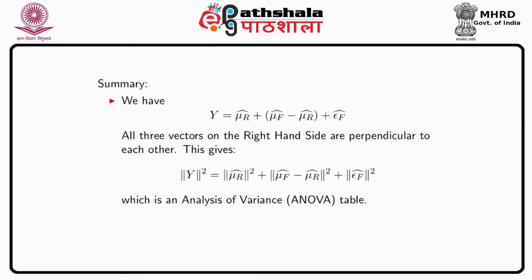So all three vectors on the right hand side are perpendicular to each other, which gives us the length of y squared equals the sum of the squared lengths of all the vectors on the right hand side of the above identity, which is nothing but the analysis of variance table. If you remember, in the analysis of variance table, we have the sum of squares due to the regression, the sum of squares due to the residuals, and these two add up to the total sum of squares, which is exactly what is represented by the identity above.